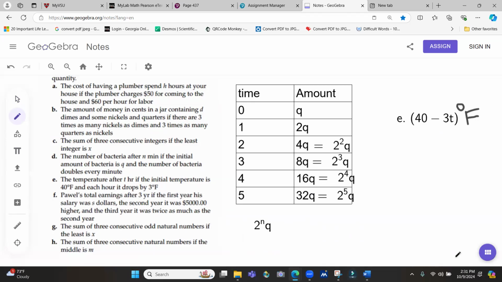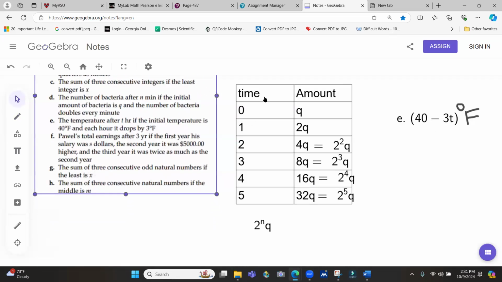That's your E. Okay. Any questions on E or D? Okay, guys. Let's do F. Read F.